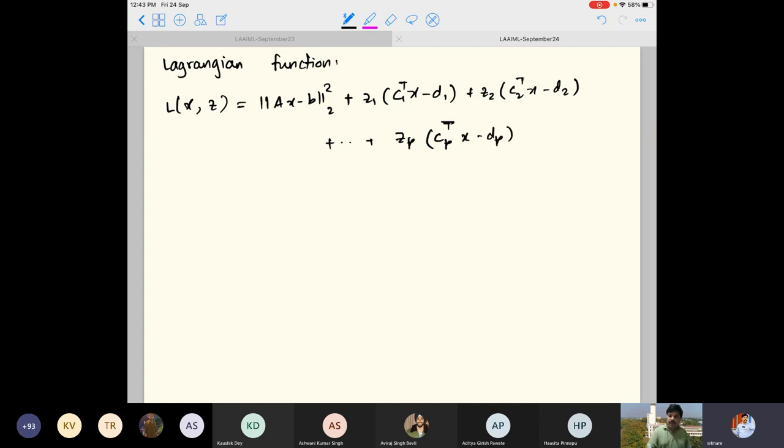So this is the pth Lagrange multiplier, where z is equal to z1 up to zp is the vector of Lagrange multipliers, right? So this is what you have.